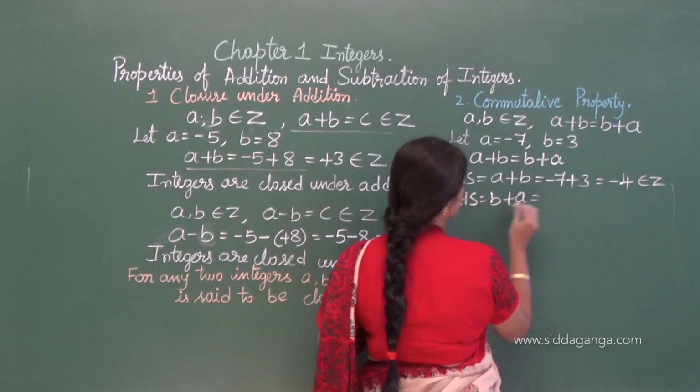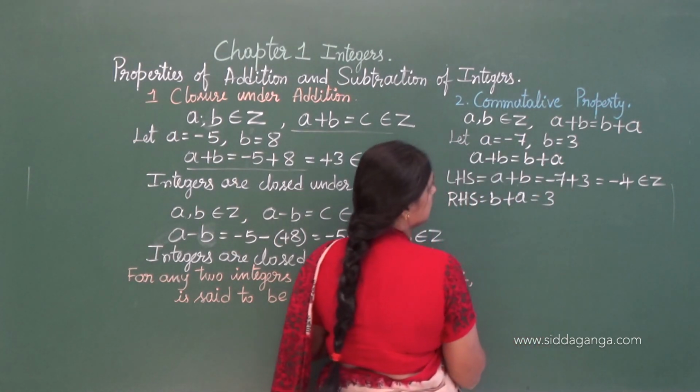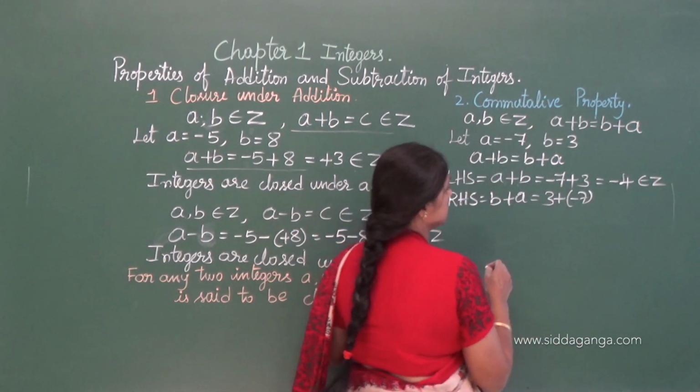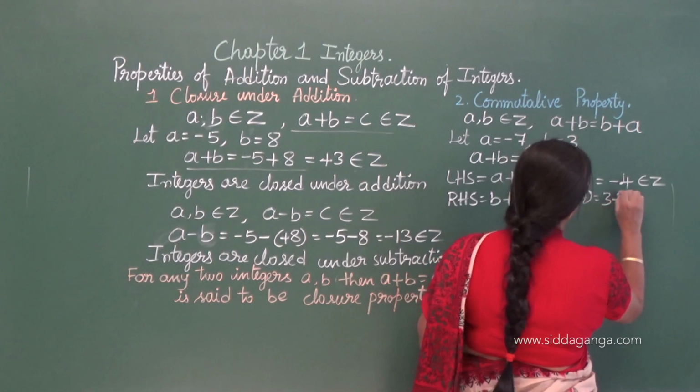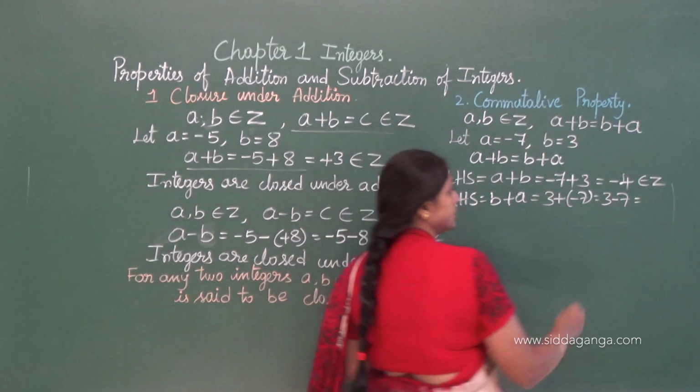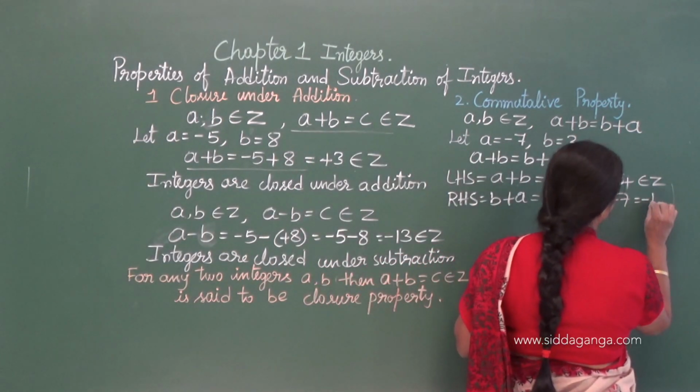This is the condition, and b is 3 plus of minus 7. 3 minus 7 means the difference is minus 4.